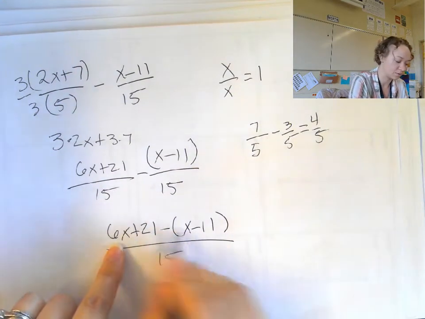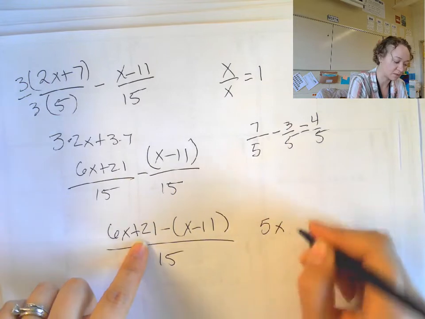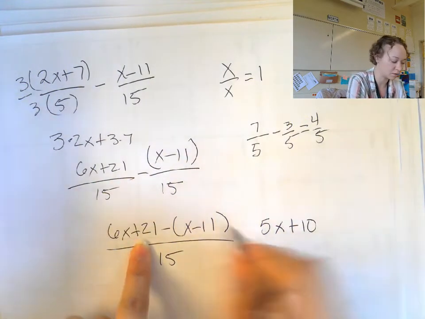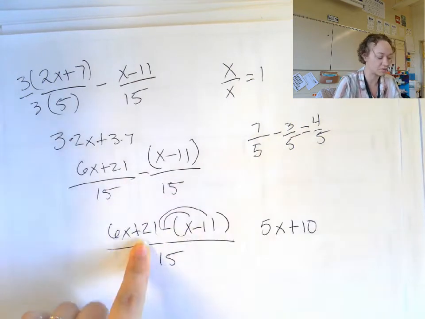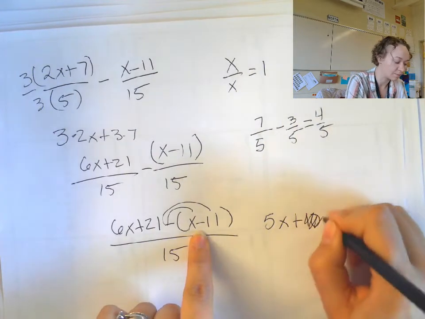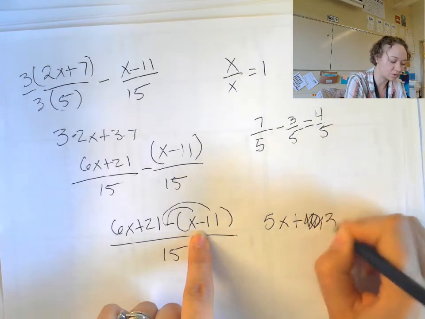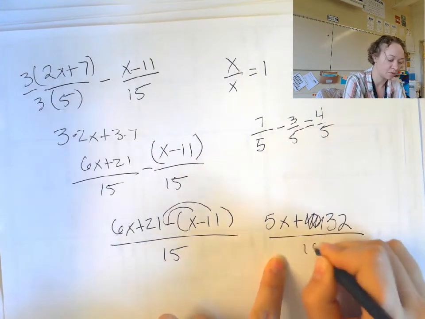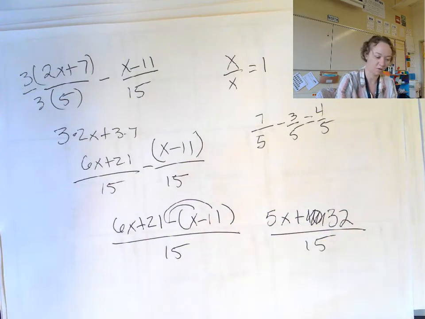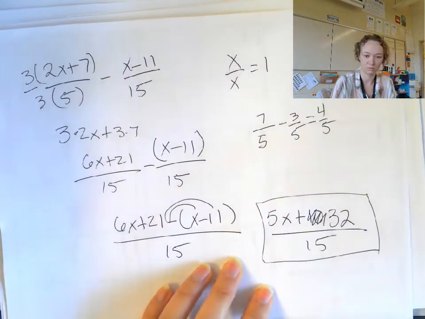And then you do this, so you get 5x and then plus 10. Oh, no, sorry. You're distributing the negative. So that's minus x and then plus 11. So that would be plus 32 over 15. 5 and 32 don't have any common factors. You can't factor anything out. So you're done.